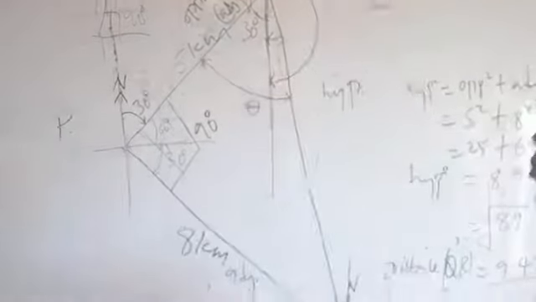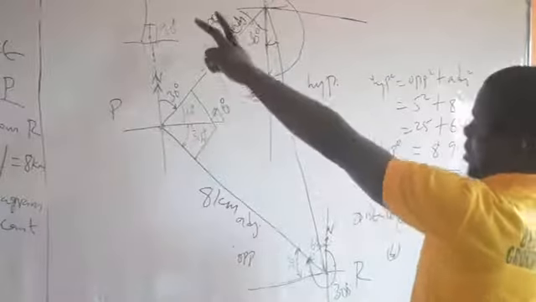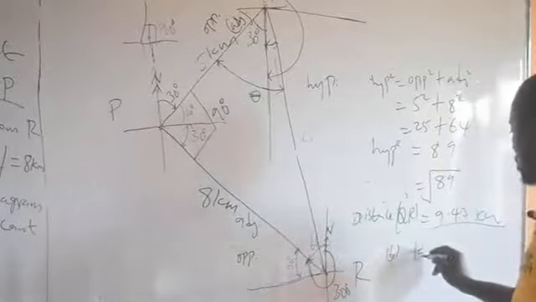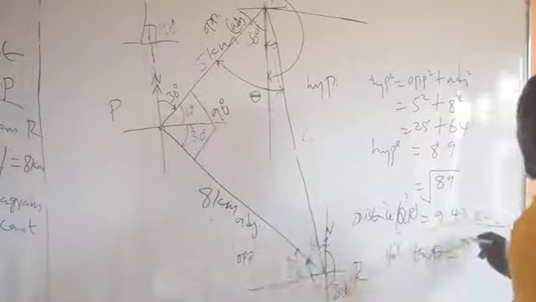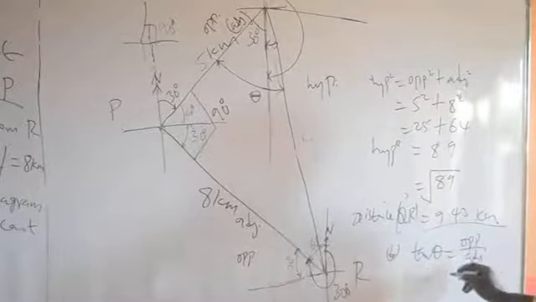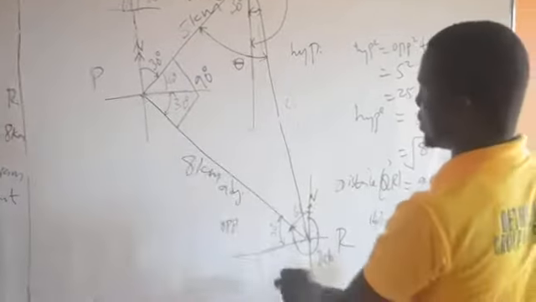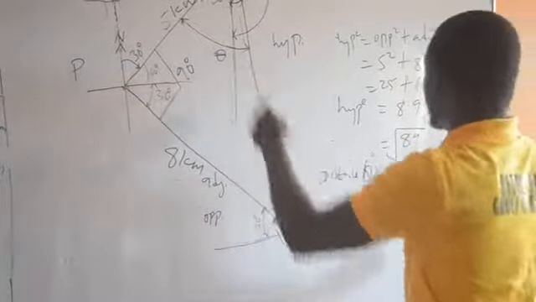Opposite over adjacent is tan. So tan theta equals opposite over adjacent. Our opposite is 8 and our adjacent is 5.